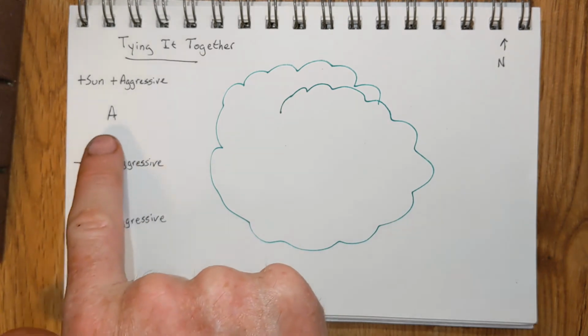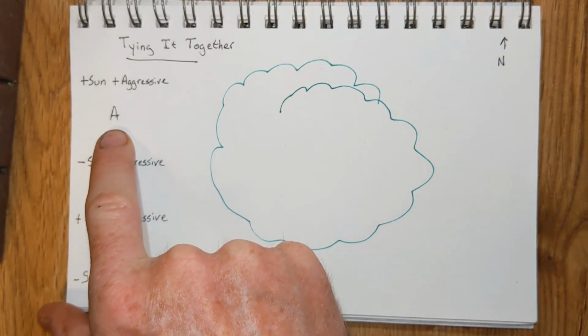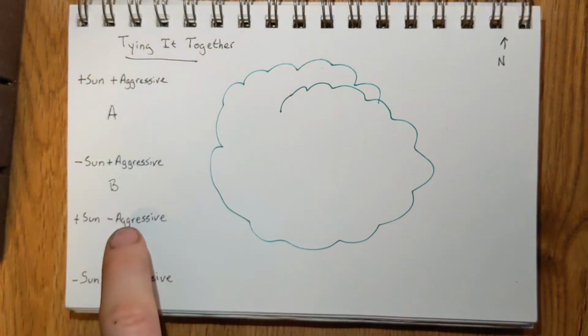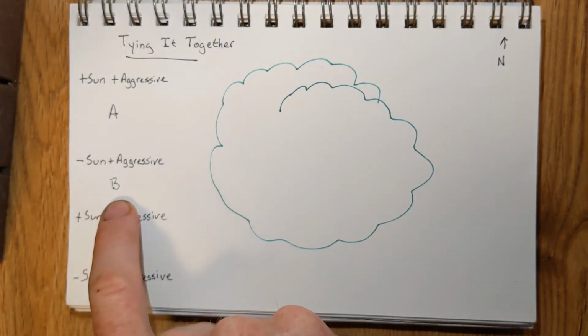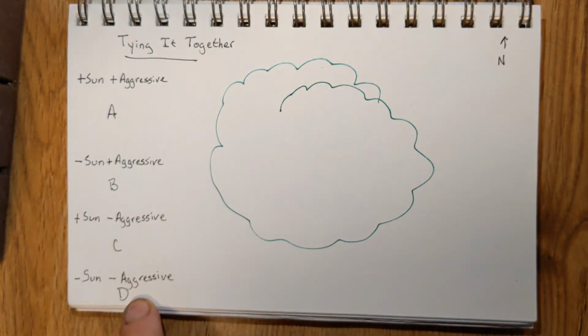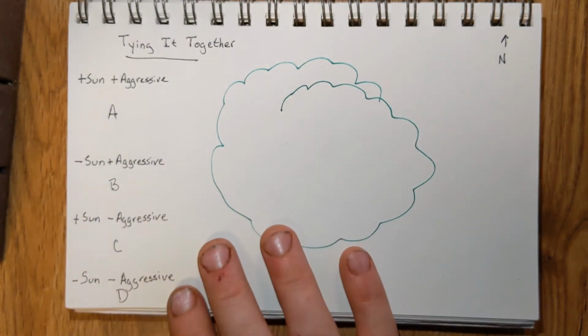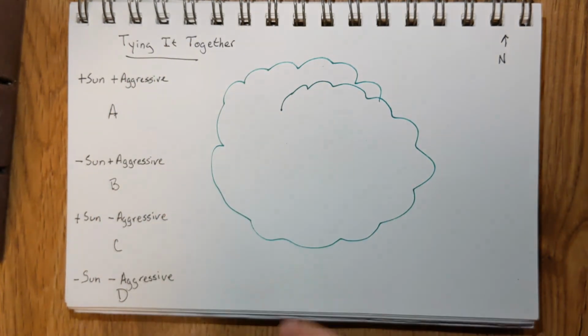For purposes of this, we're going to say that group A is plus sun and plus aggressive. So sun-loving aggressive growers, shade-loving aggressive growers, sun-loving passive or slow growers, and then shade-loving passive or slow growers. Okay, so these are our groups, and these are the ways that we can think about what we want to have.